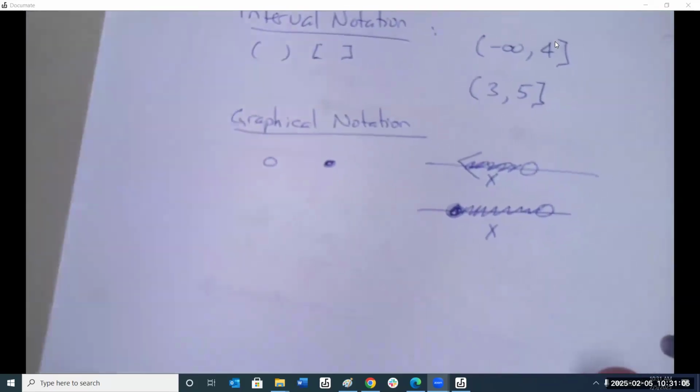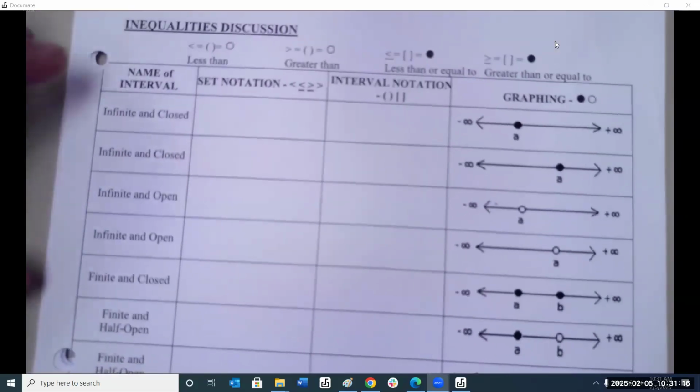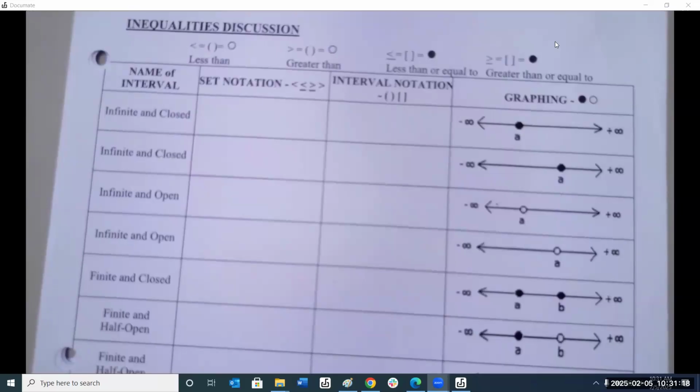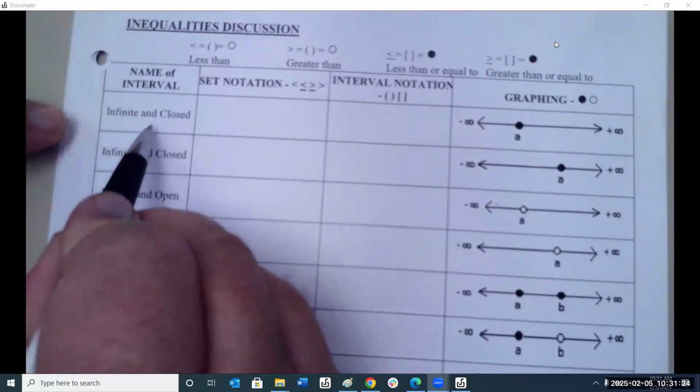All right, let's do this table. We have 4 different categories of inequalities that we deal with. Infinite and closed.